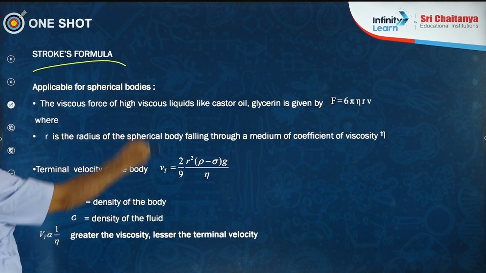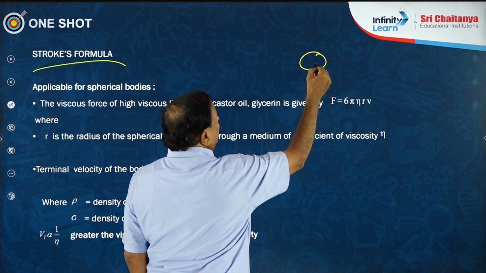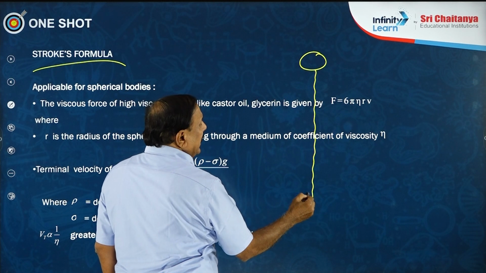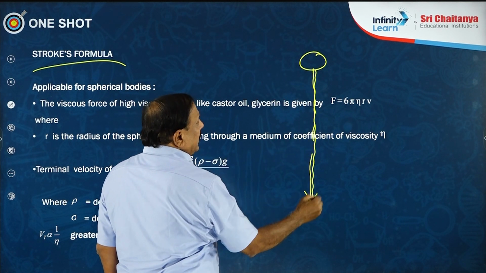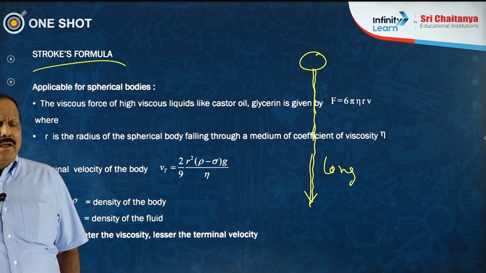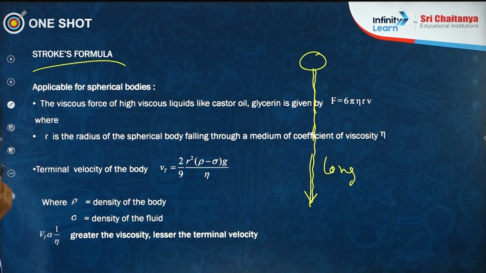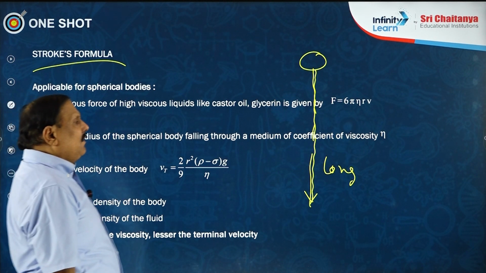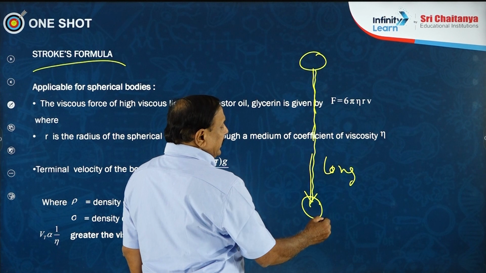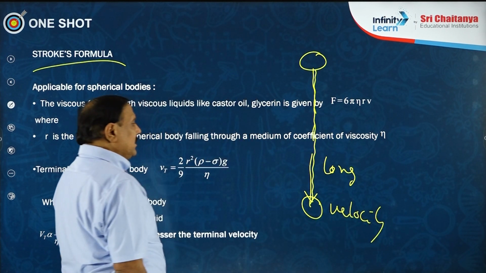Next is Stokes formula. When a spherical body is falling through a long column of a fluid, after travelling a certain distance, that body gains a constant velocity called terminal velocity.